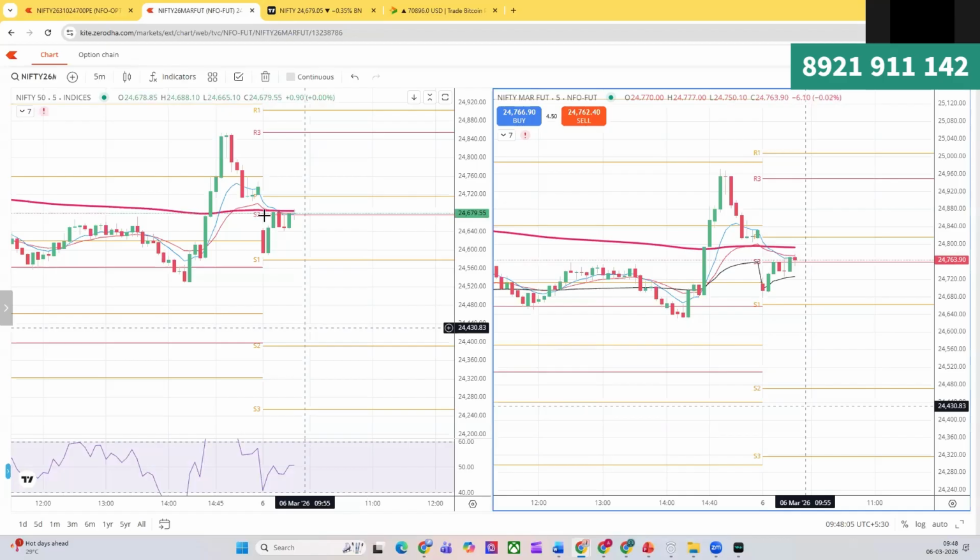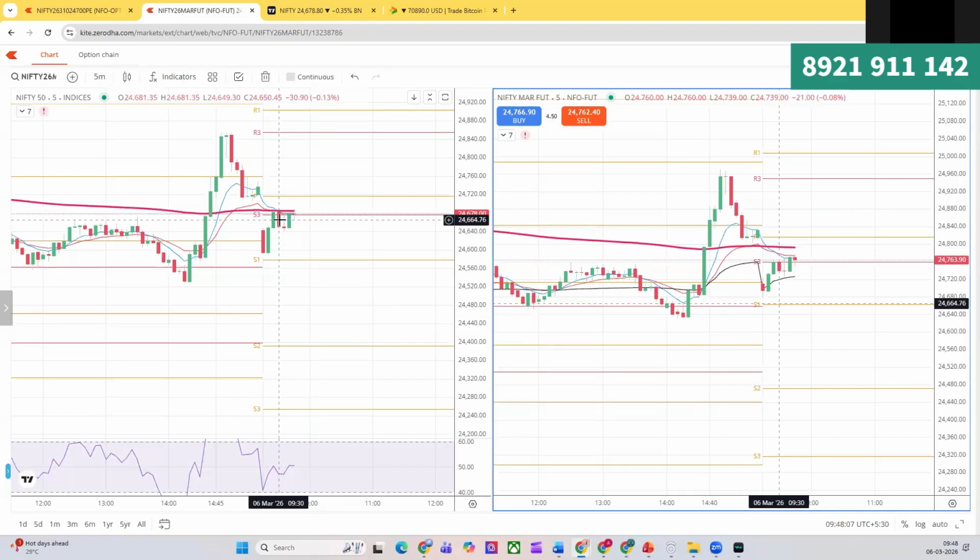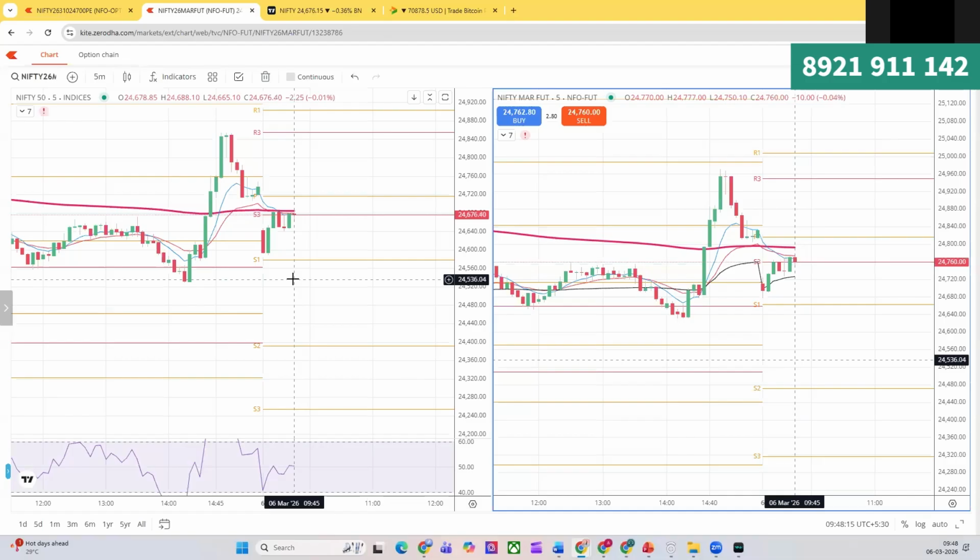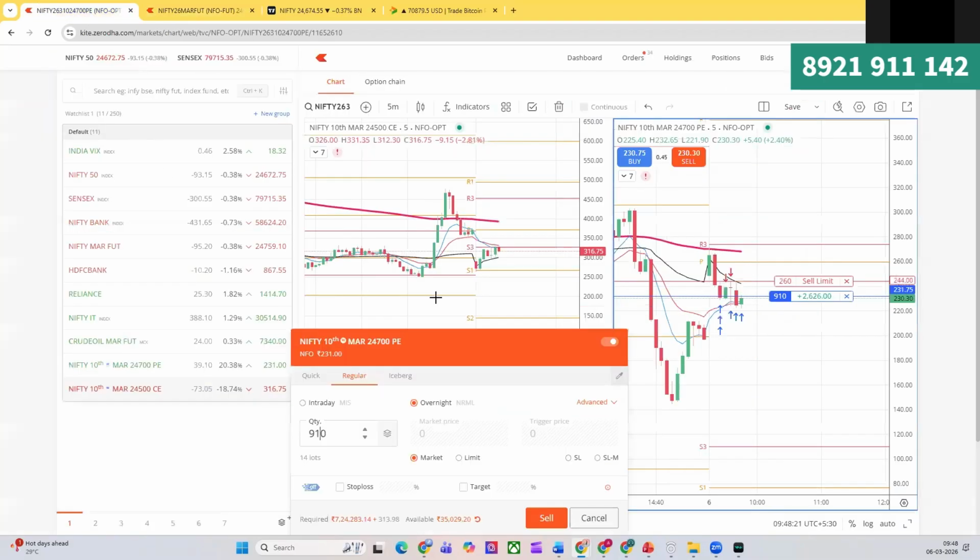Yeah, you got one opportunity, but it did not give as much as we were looking for. Still, it's at that level only. The only problem is the premium is not moving and the premium is decaying also.